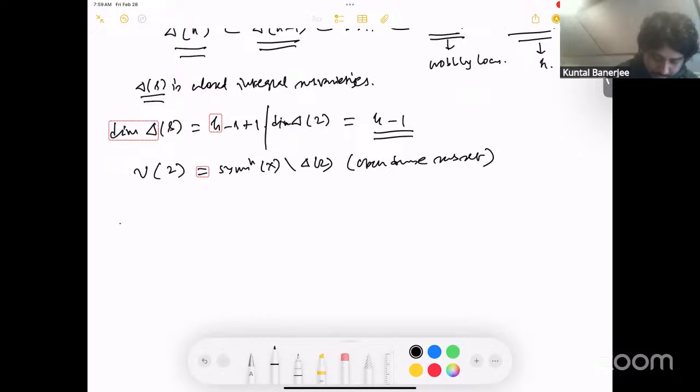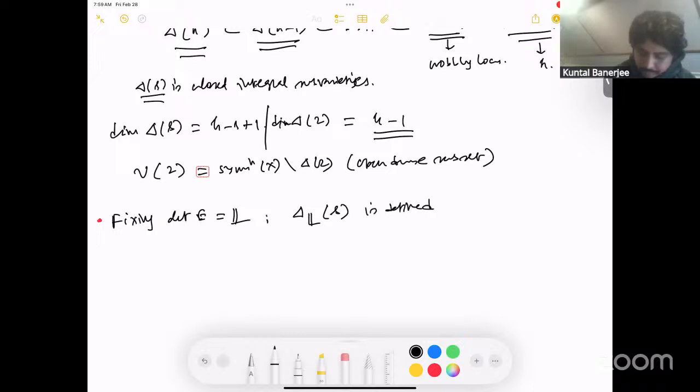If someone asked me about fixing the determinant of the bundles to be this L, then we can still define this wobbly locus of fixed determinant L. It is inside a projective variety, that is the projective space of dimension h minus 1.